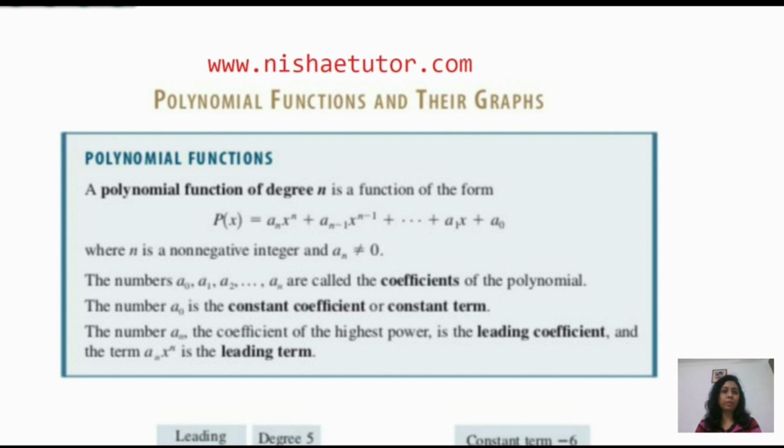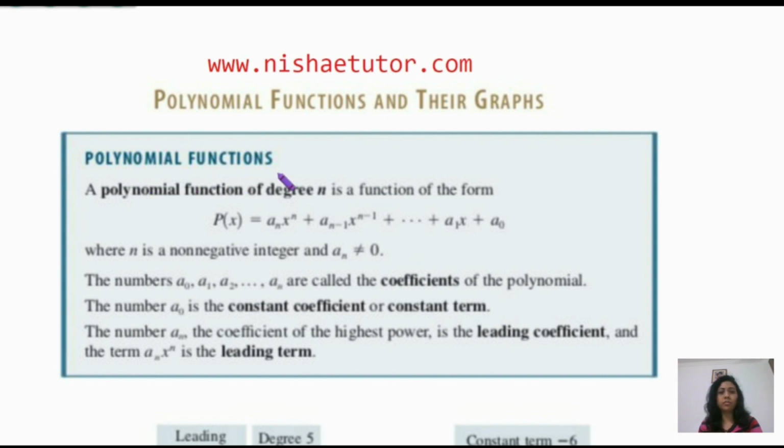In this series we are doing polynomials, functions and their graphs. In this section we study polynomial functions of any degree, but before we work with polynomial functions we must agree on some terminology.